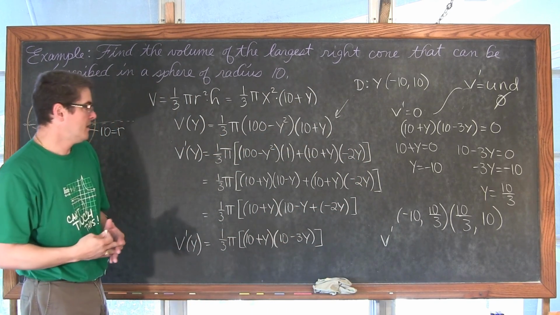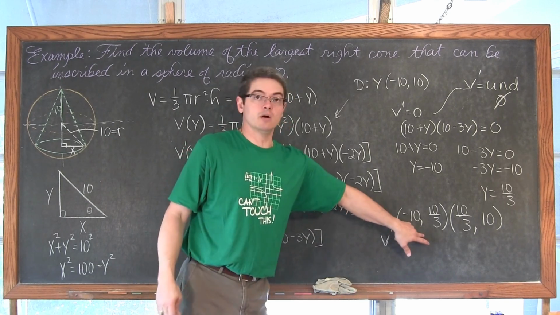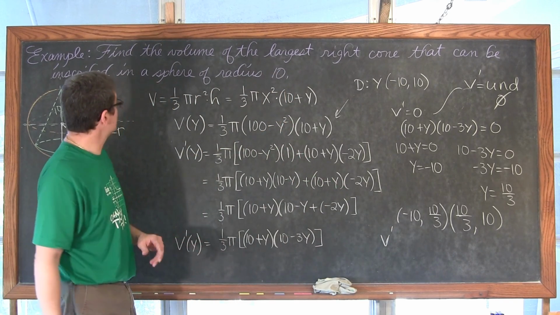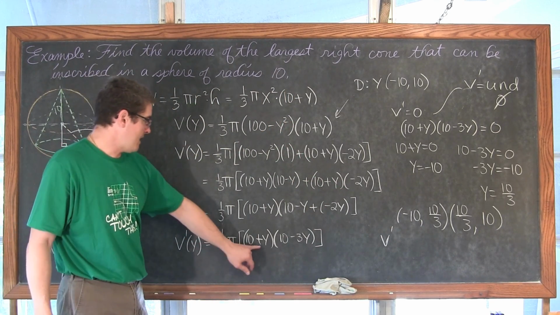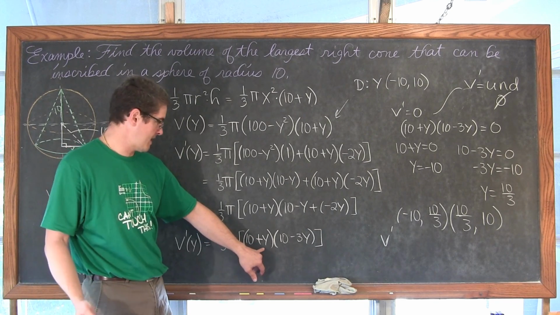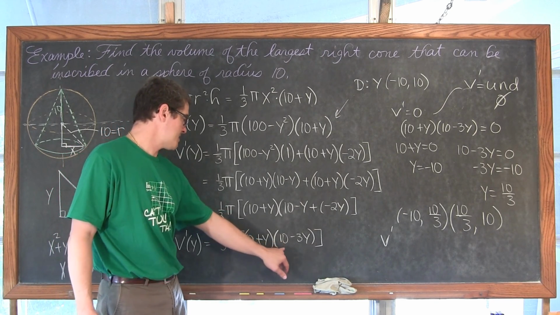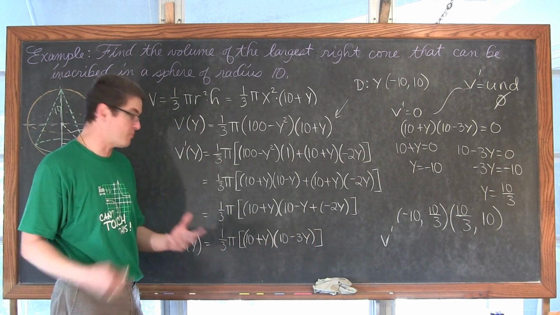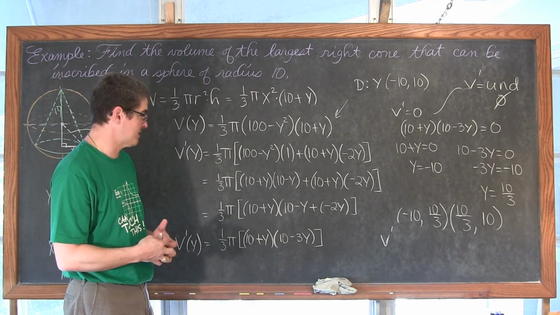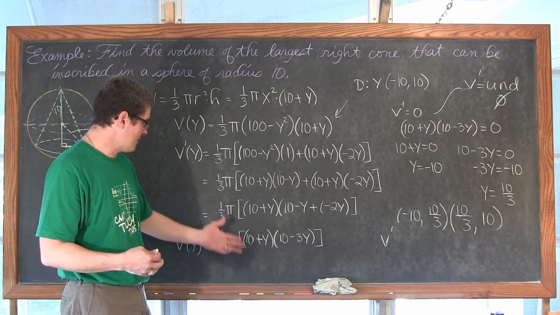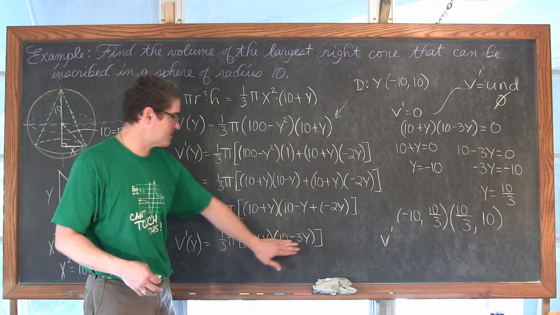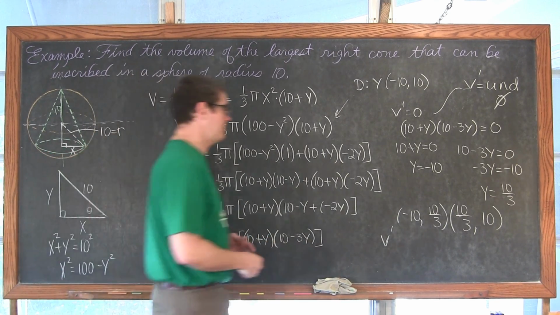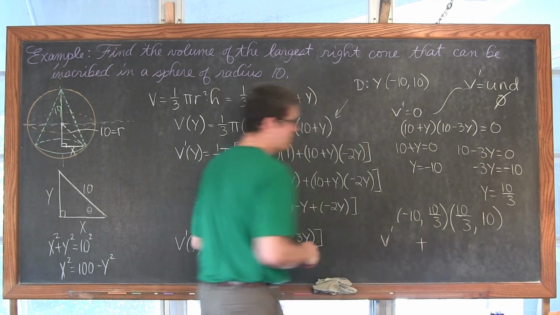Well, if I take a value of, say, 0 and plug that in there, then I have 10 plus 0, which is 10. We have 10 minus 0, which is also going to be 10, or positive. That's really all I care about, is it being positive. So I'm going to have a positive value times a positive value, so my first derivative in this first test interval is going to be positive.